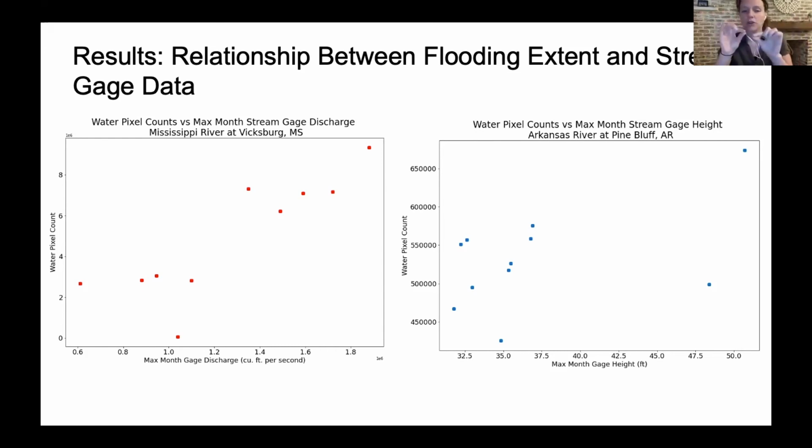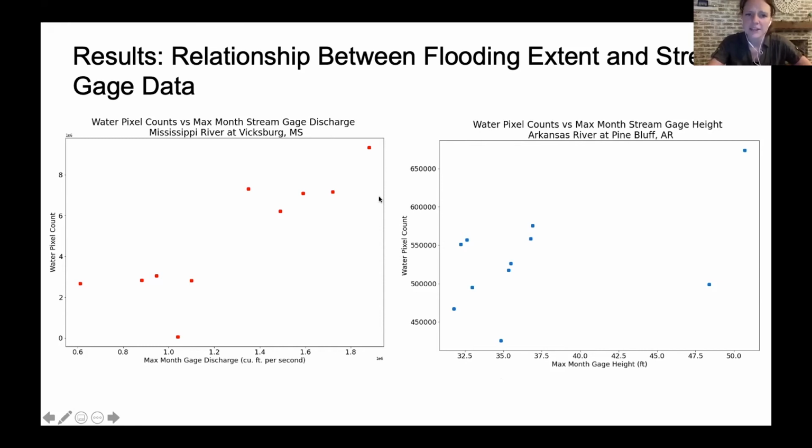But once we hit a certain threshold value and flooding starts to occur and water starts flowing over the banks, we would expect that the water pixel count would start to rapidly increase with each increase in discharge or gauge height. As you can see, we saw this relationship much more clearly at the Mississippi River site. And I'll touch on why we think that is in a little bit, but here we can see that during these low discharge values, we're seeing really not any substantial increase in water pixel count.